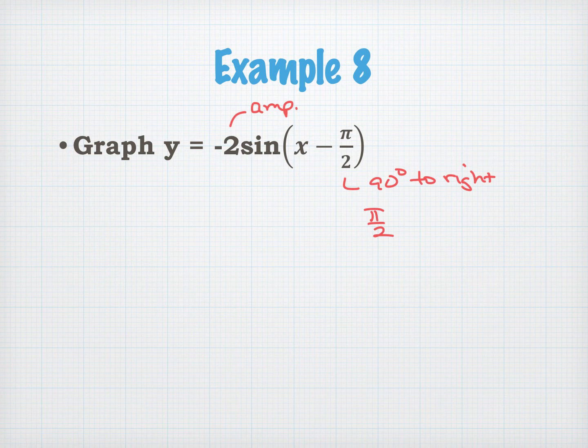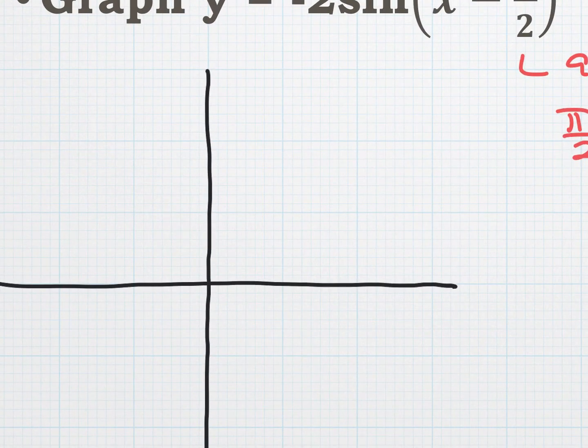So let me draw in my y-axis and my x-axis. Again, we're starting to the right, pi/2. So this is my first point. So I need to get the next point, which is 90 degrees away.